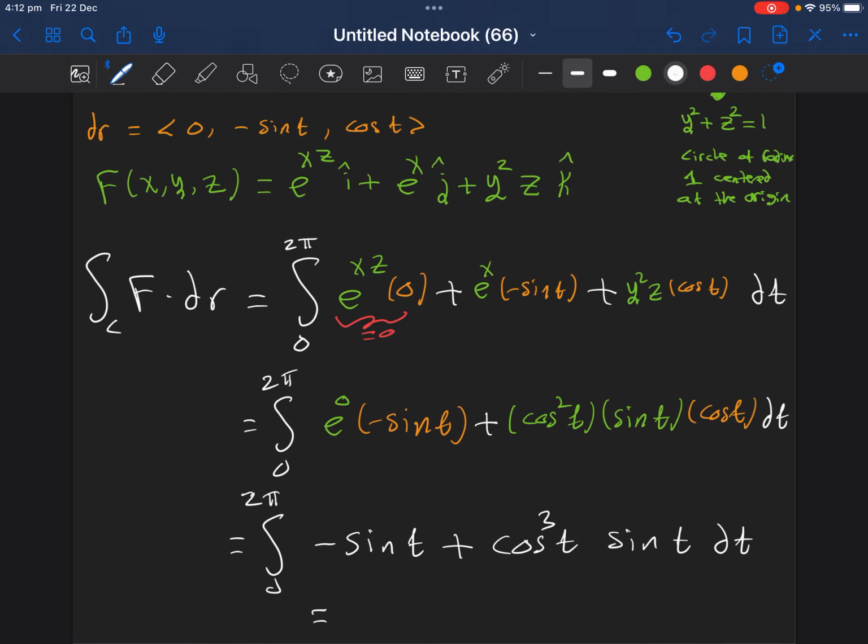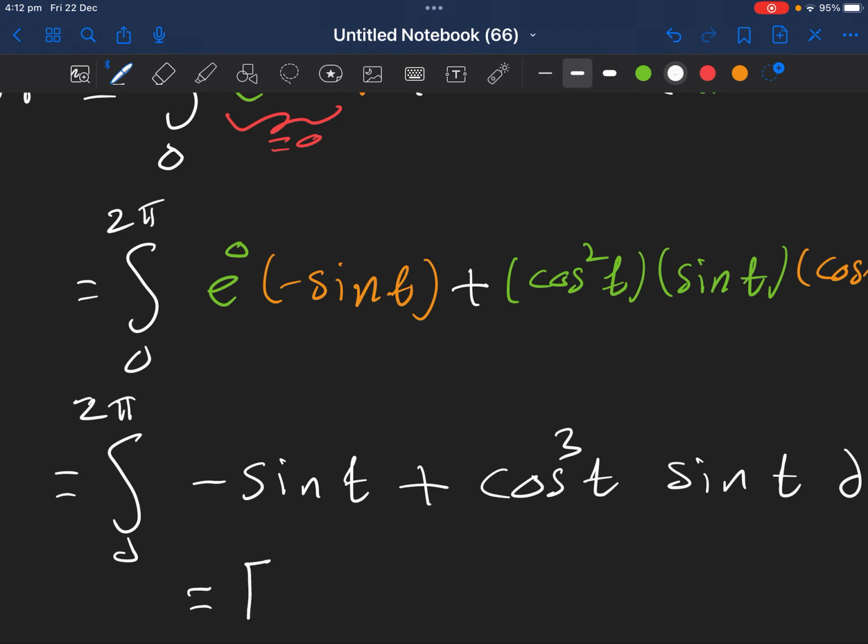If we find this integral, the integral of negative sine t is cosine t. For the integral of cosine cubed t sine t, because the derivative of cosine is negative sine, this turns out to be a function and its derivative. So it will be negative 1 over 4 cosine to the fourth of t, evaluated from 0 to 2 pi.